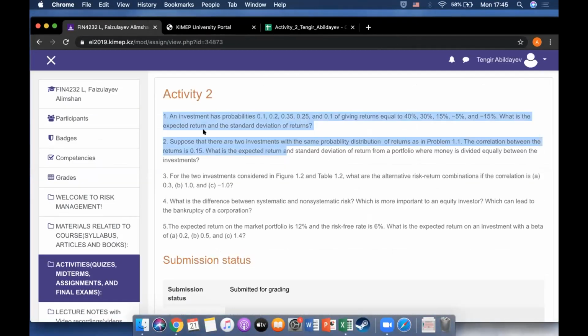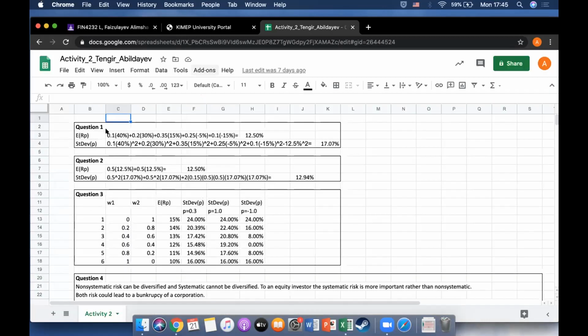Basically what it says, the investment has probabilities of 0.1, 0.2, 0.35, 0.25, 0.1, and the returns are 40, 30, 15, 5, minus 15. We have a formula that I saw in your Excel file.